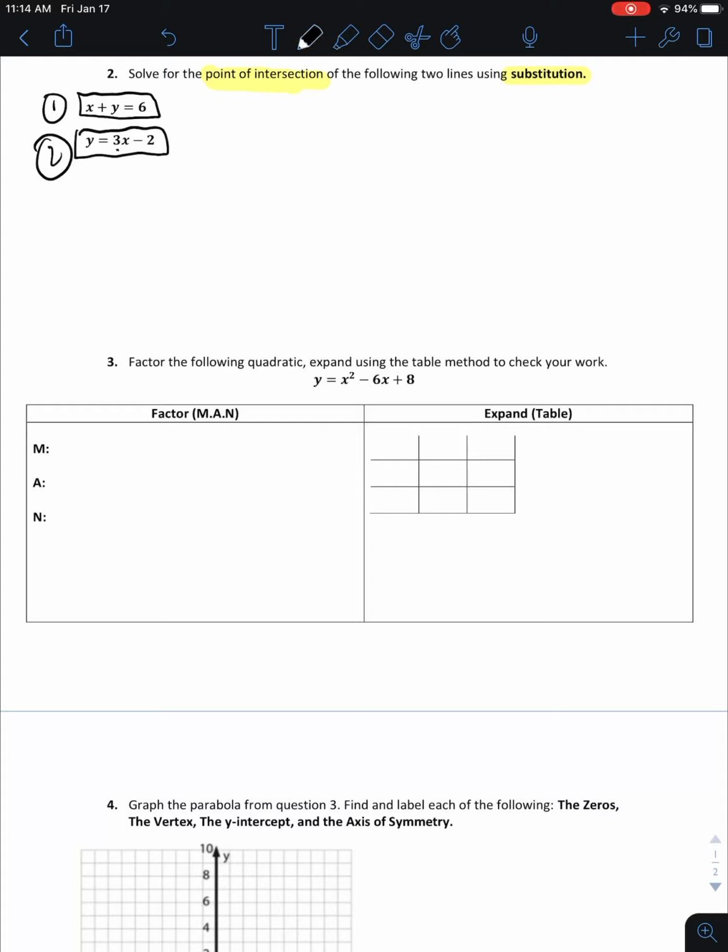So in one, you're going to isolate for x or y. That means I'm going to take one, x plus y is equal to 6, which means x is equal to 6 minus y.